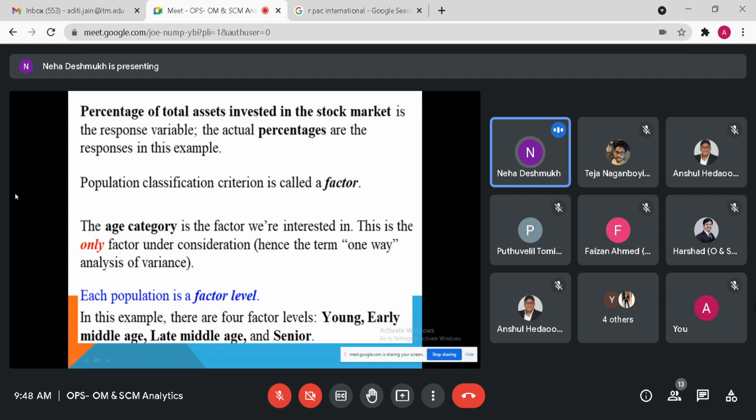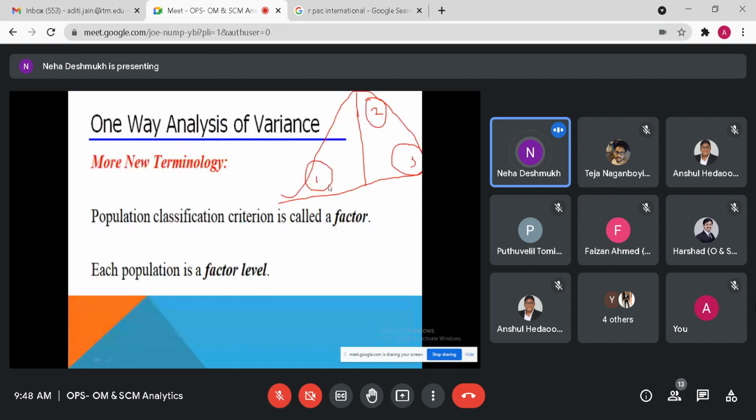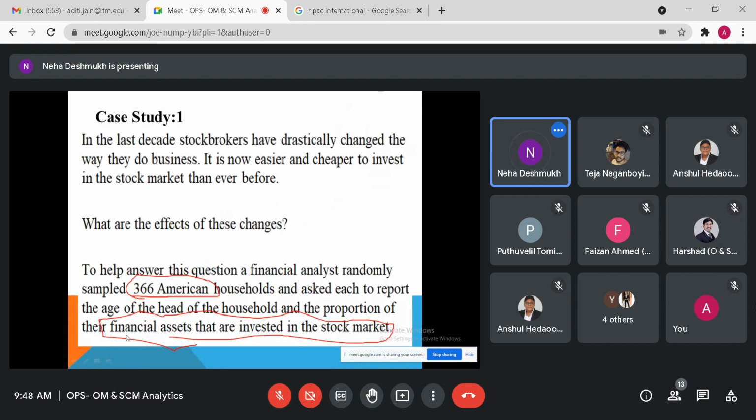The age category is a factor. This is our first age difference, second, third, and one more category, the fourth age difference. Are you with me?